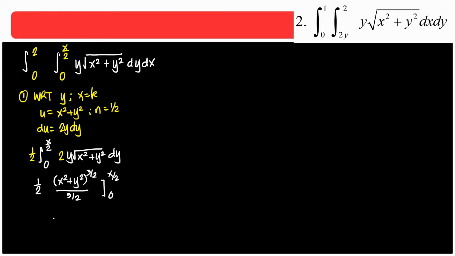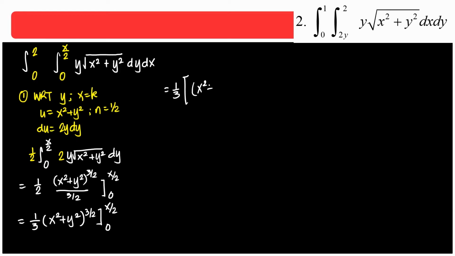to x over 2. So this one outside becomes 1/3. This is x squared plus y squared to the 3/2 coming from 0 to x over 2. So let's try to evaluate this. That's 1/3. Where will you plug in x over 2 and 0? To the letter y.